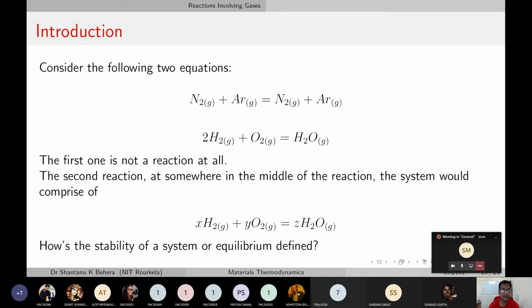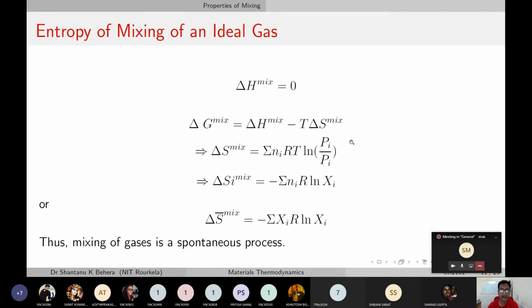So what happens is when two gases mix, the first gas, before mixing, was really limited to its own volume.